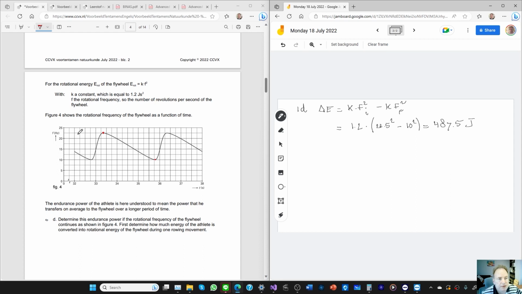Then we need to figure out what is the time period of one movement. So the time between here and here. We can probably find it from the previous, but you might well find it here. Actually, it seems to continue here.